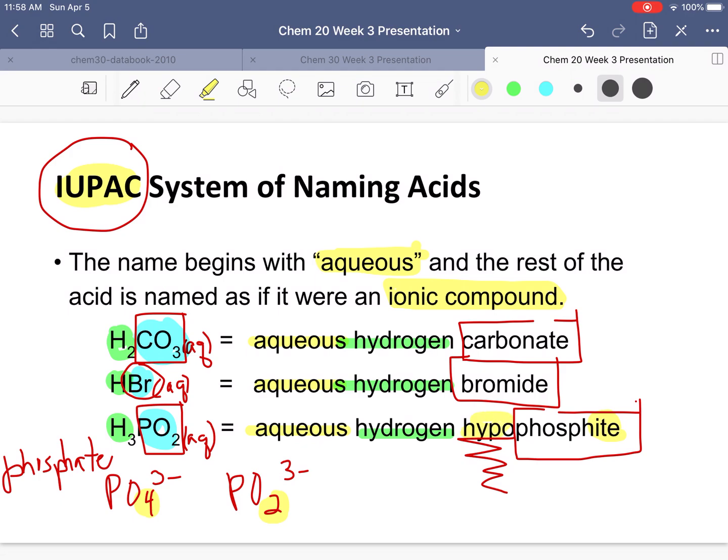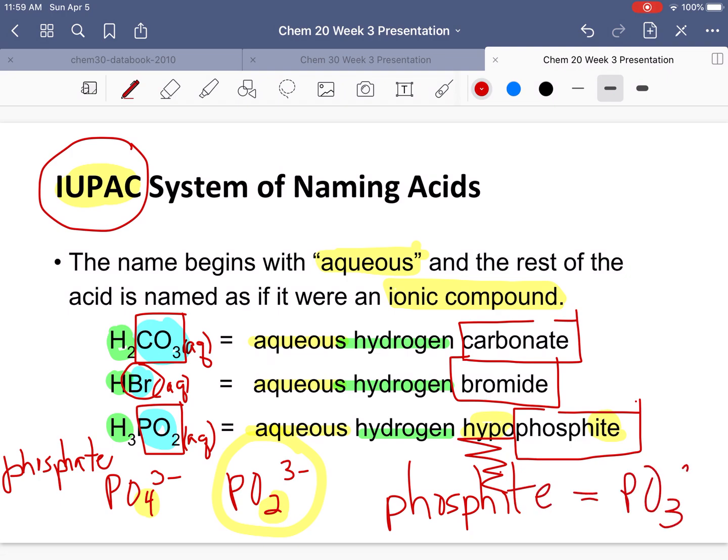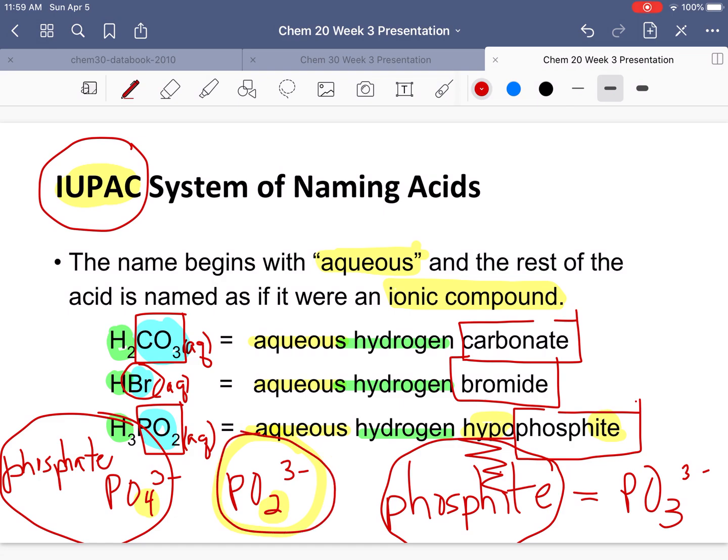Okay? By comparison, guys, if this is hypophosphite, just so you can understand, phosphite by itself, without that hypo, would be equal to PO3 3 negative. Compare these. Phosphate, phosphite, hypophosphite.